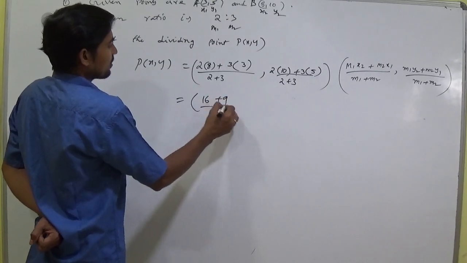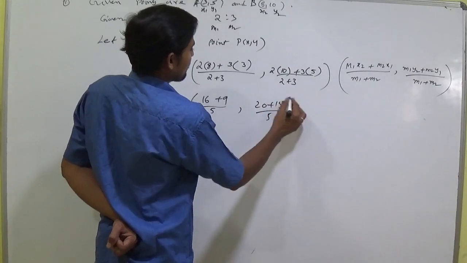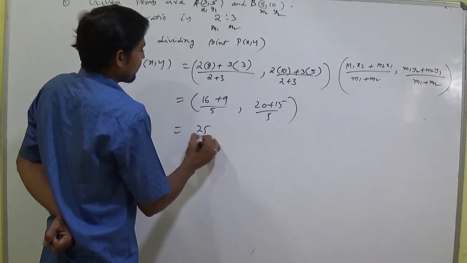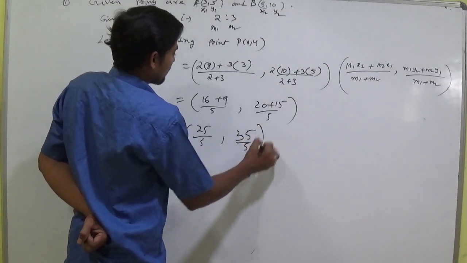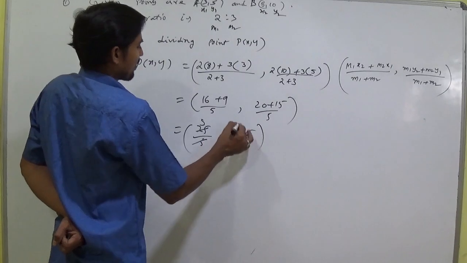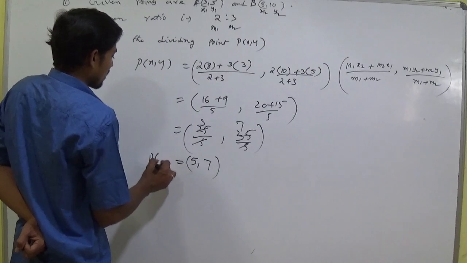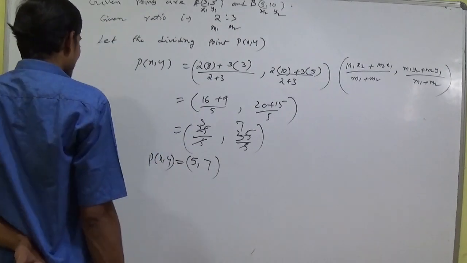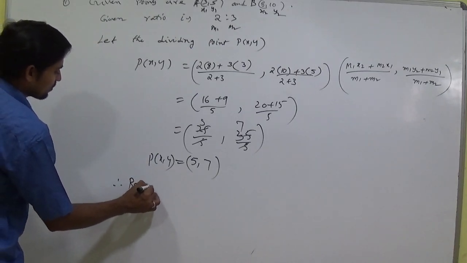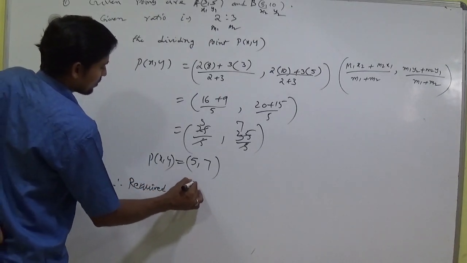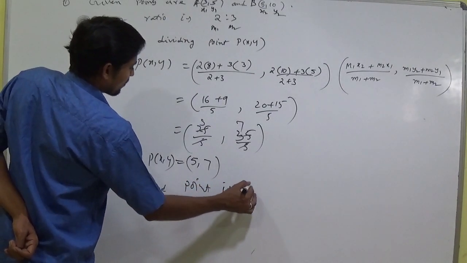That is (16 + 9)/5, (20 + 15)/5, which is 25/5, 35/5, that is (5, 7). Therefore the required point is (5, 7).